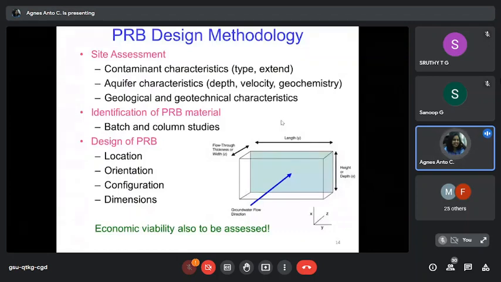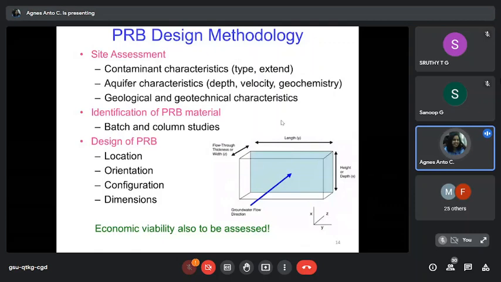So all those things will be decided, and keeping all this in mind, this is how you design your PRB. Ultimately, economic viability should also be considered, because suppose another conventional technique is more economically viable than PRB, then definitely we go for that method. So the economics of getting PRB material, designing it and installing it should be evaluated before you go for adopting this technology.